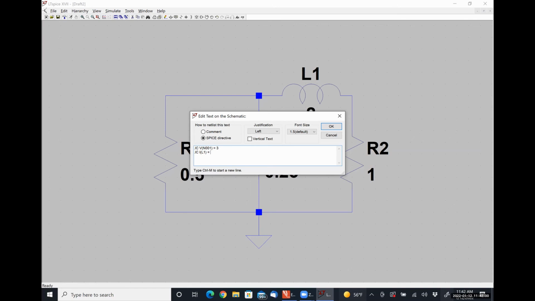We're going to let the system handle everything else. The only initial conditions that we can put in are the capacitor voltage and the inductor current. We can't put in anything else. LTspice will freak out and tell us it's not allowed.